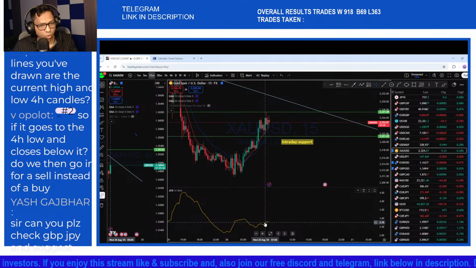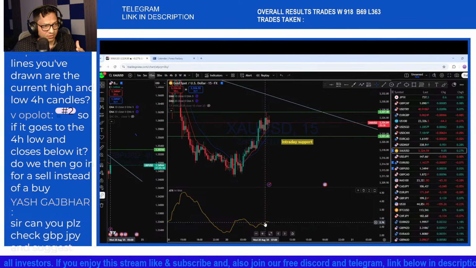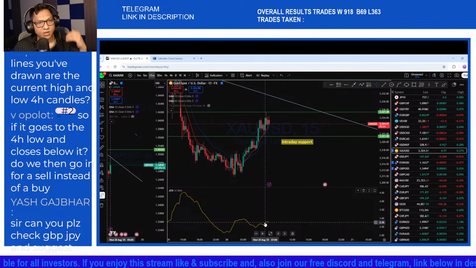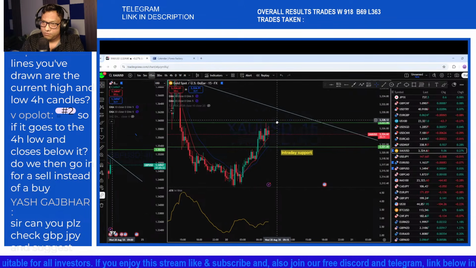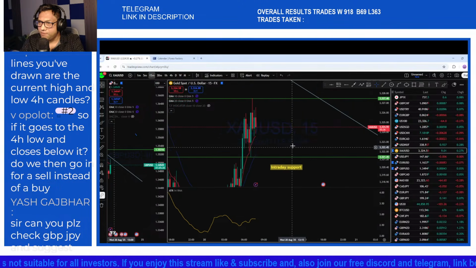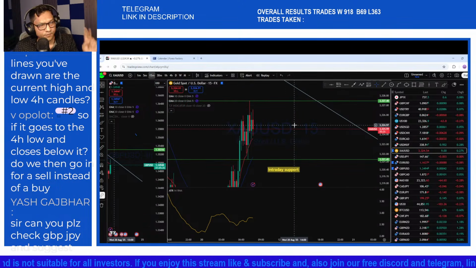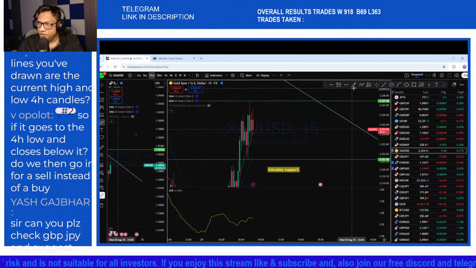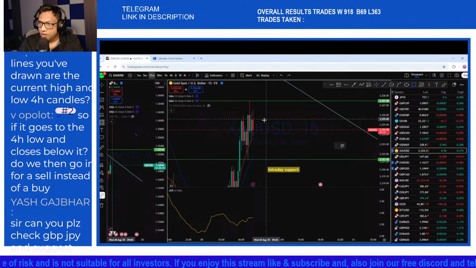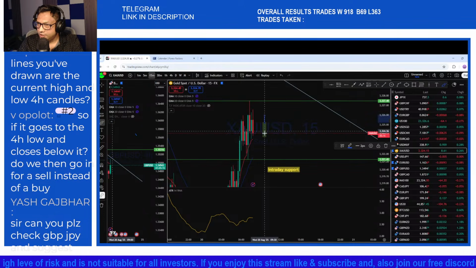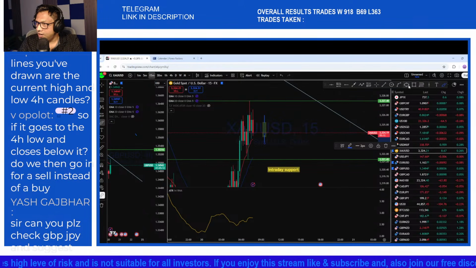Because when a fake move happens, it moves in a certain way. For example, this level that you can see, 3221, can be hit in two ways. Let me draw two possible scenarios. One is like this, a red candle, not green, a red candle, and then the other like this.